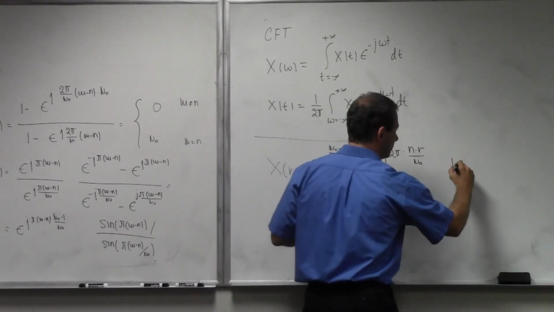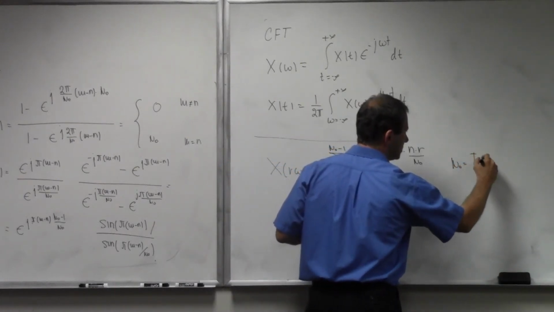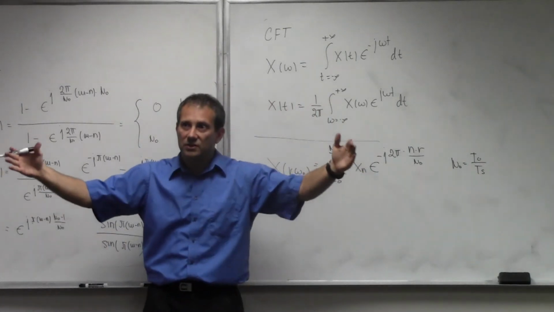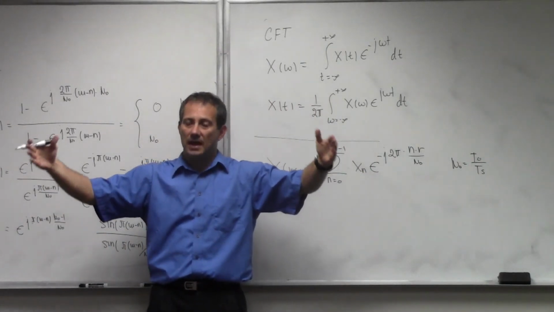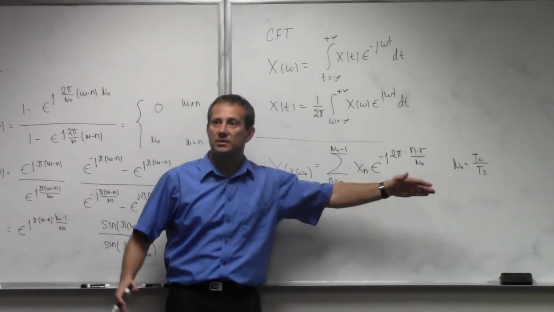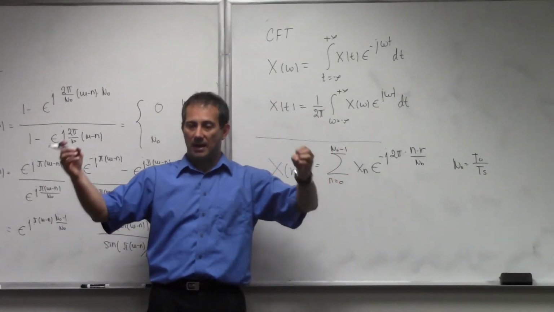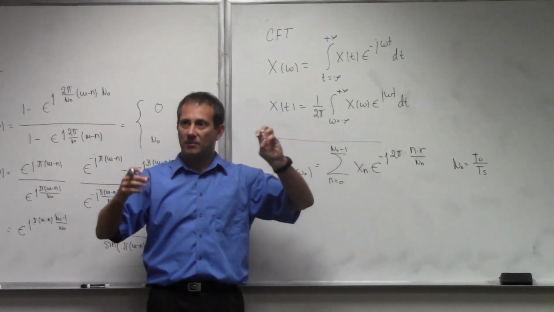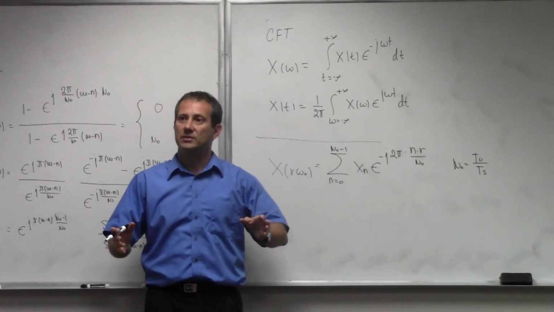This n0 is going to be t0 over ts. I'm going to look at the t0 duration of the signal. I'm going to sample it at ts. This will give me n0 points in the time domain. I'm going to perform this summation, and I'm going to get n0 points in the frequency domain.